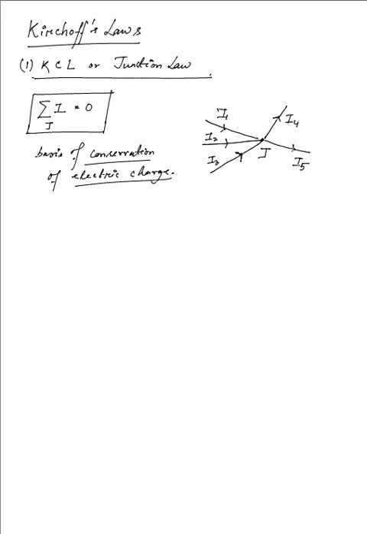So obviously there is no creation or destruction of any amount of charge as the current goes past through that junction, and that is why there is no loss or gain, no imbalance created. As a result, the amount of current entering has to be equal to the amount of current getting out of it. In order to explain that simply, we follow a sign convention.